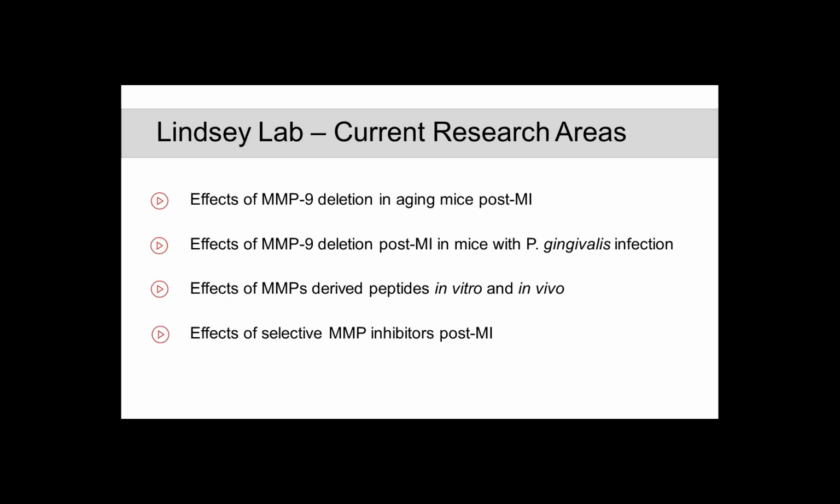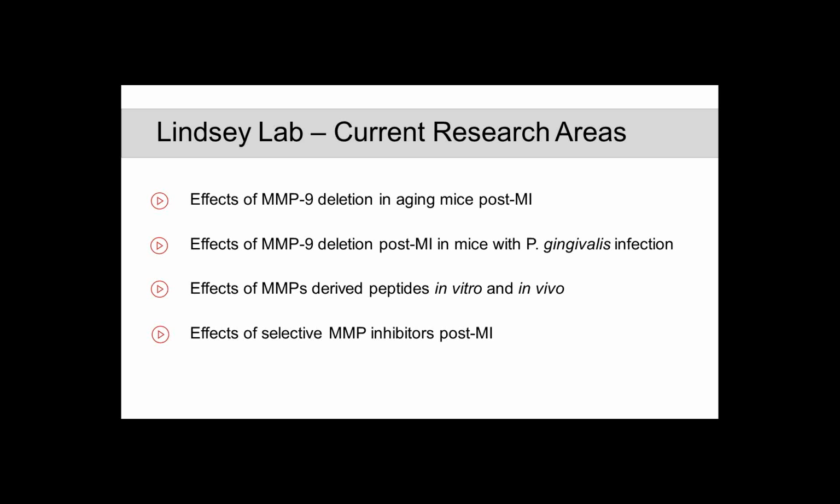And we just have it summarized here, the effect of MMP9 deletion on aging mice in the post-MI setting. In addition, one of our pre-faculty fellows, Dr. Christy DeLeon Pinel, has an American Heart Grant to look at effects of MMP9 in the setting of pre-existing P. gingivalis infection, and so in the setting of periodontal disease, what role that has on the MI response.